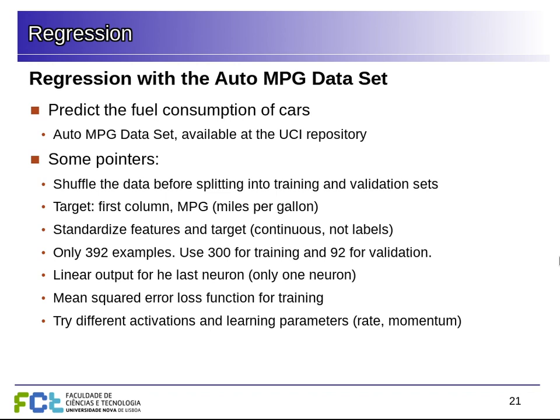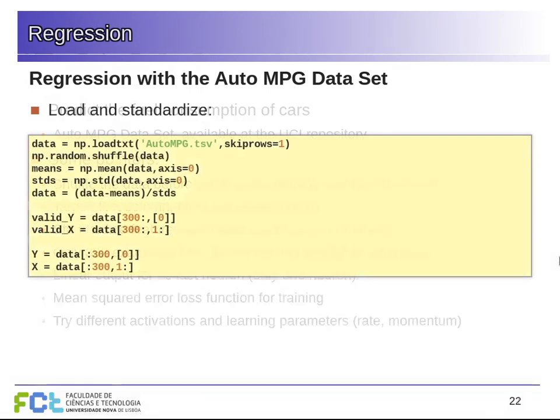The mean squared error loss function is the one that corresponds to maximizing the likelihood when we assume that there is a normally distributed error on the prediction value. And you can now try different activations and learning parameters on the hidden layers. Remember that the output layer should be linear, but the other layers can be as you want.